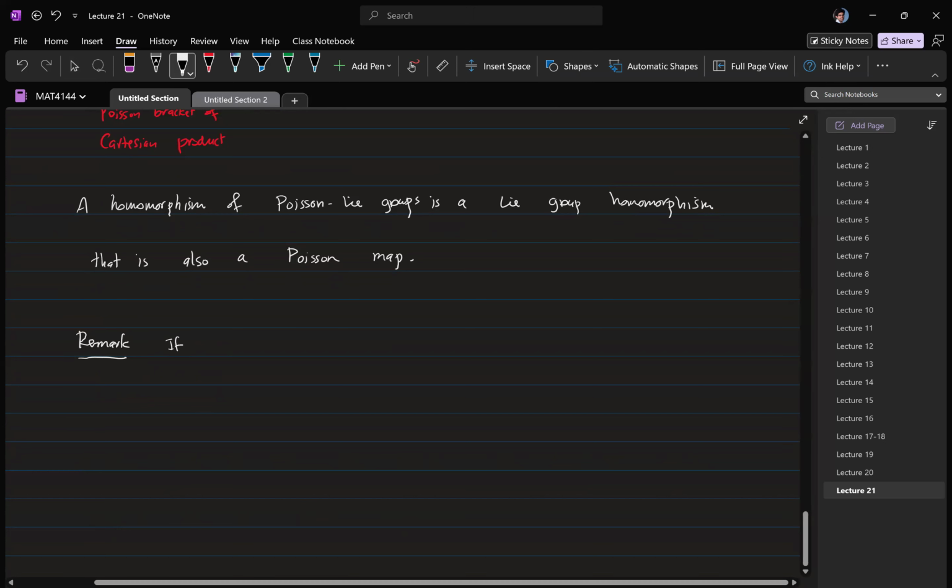If iota from G to G is the map iota of g equals g inverse, then if you pull back the Poisson bracket according to iota, you end up with the opposite bracket.